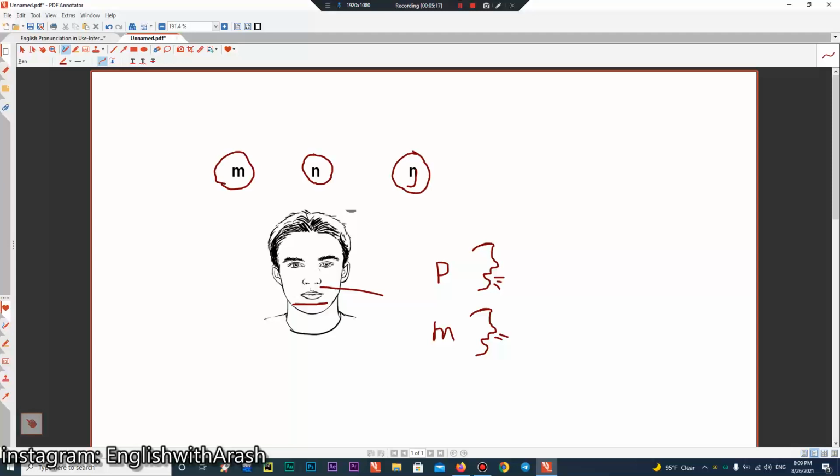So we say nasal sound. All of them go out of your nose. So we are focusing on this m, or n, or this one, for example, walking. We are working on that.